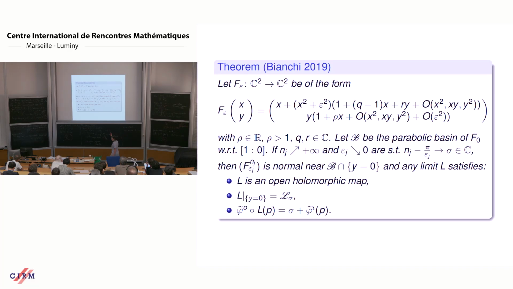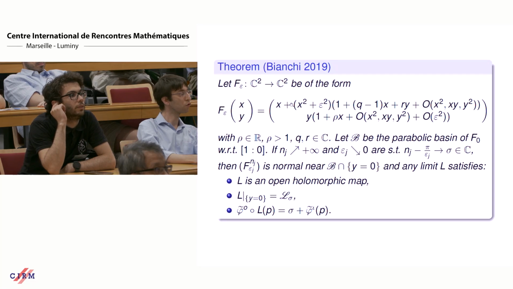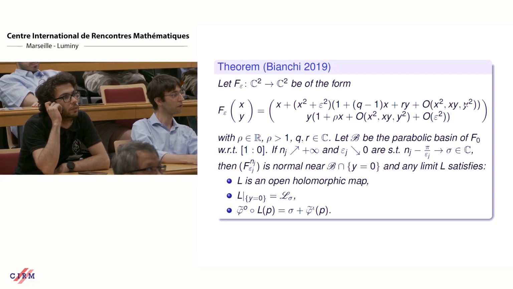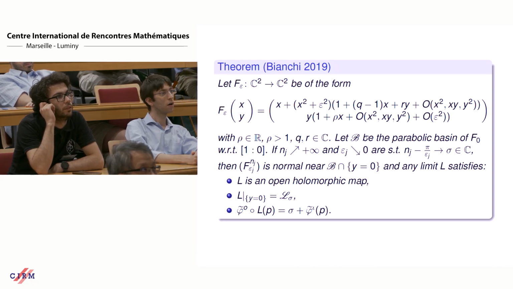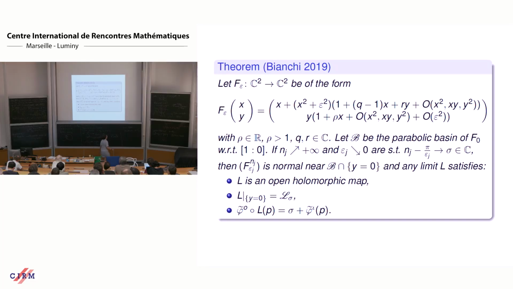So F0 is epsilon equal to 0. When epsilon is equal to 0, here there is nothing, so x squared is multiplying all these things, and y is multiplying everything downstairs. So what is happening is that he has the two axes that are fixed, okay?